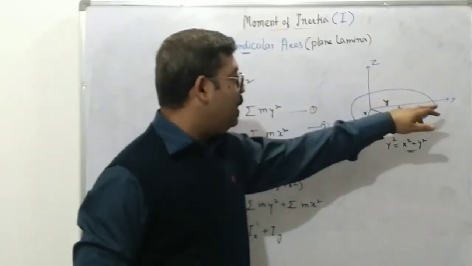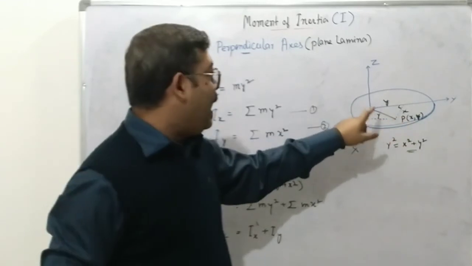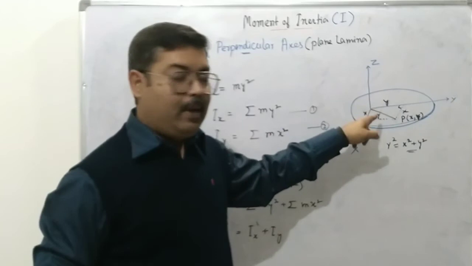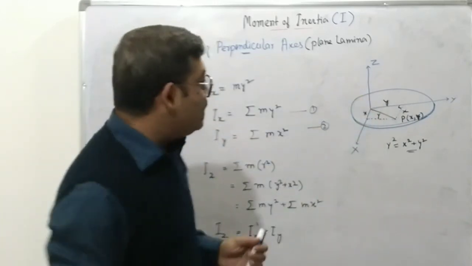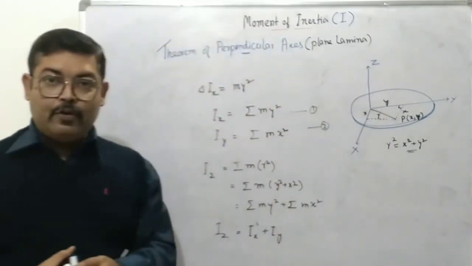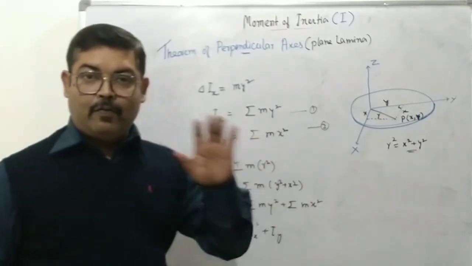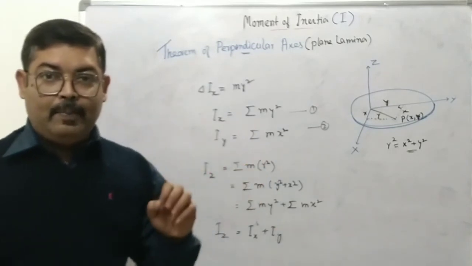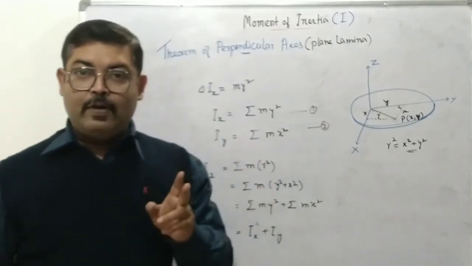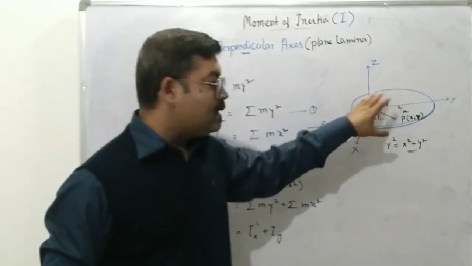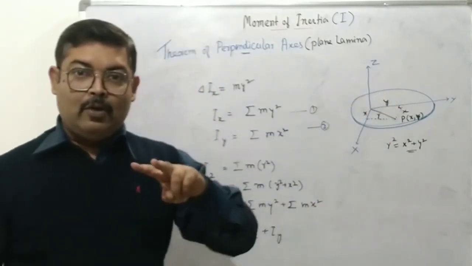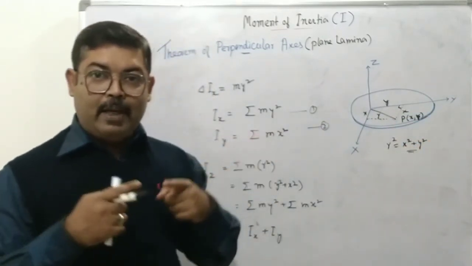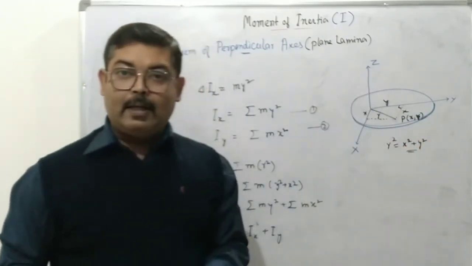So two perpendicular axes lying in the plane of the lamina and meeting at the point where this perpendicular axis meets the lamina, that is the origin here.